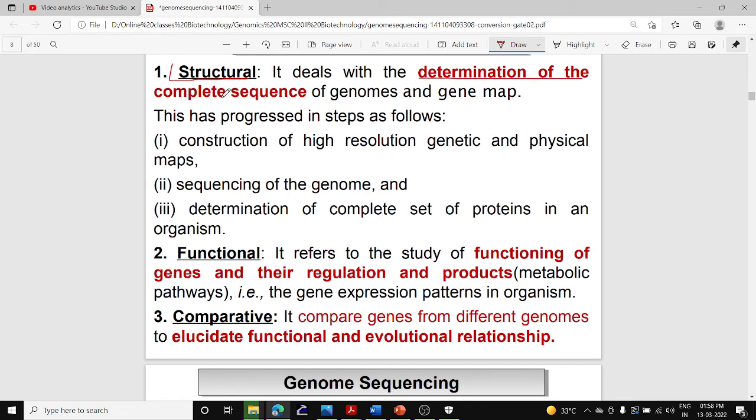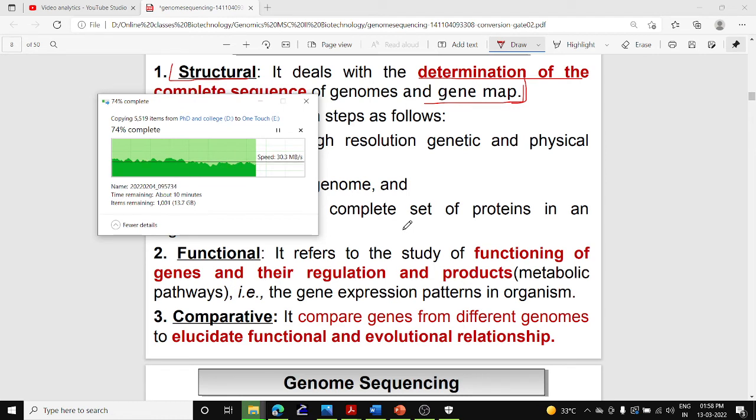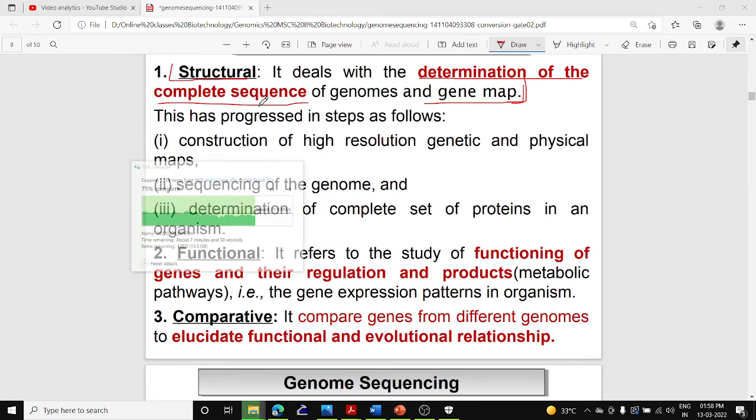We determine the complete genome sequence and construct the genetic map, and based on the map we study what genes are present in different genomes.